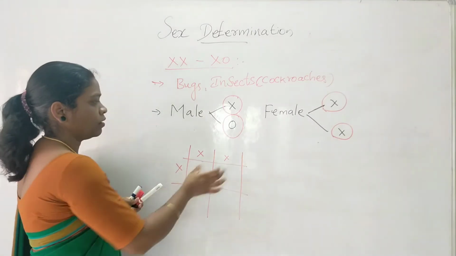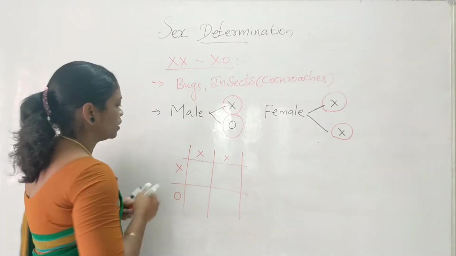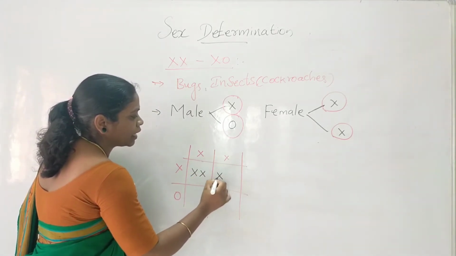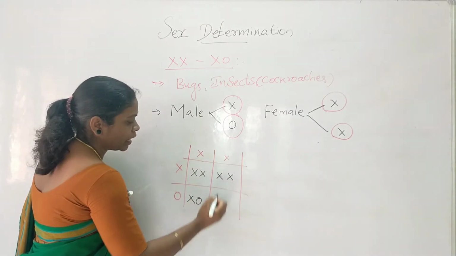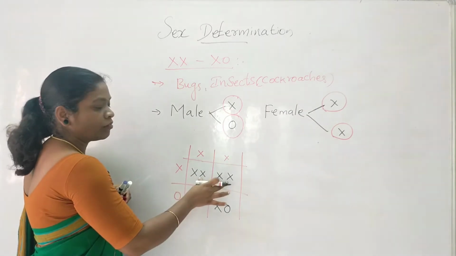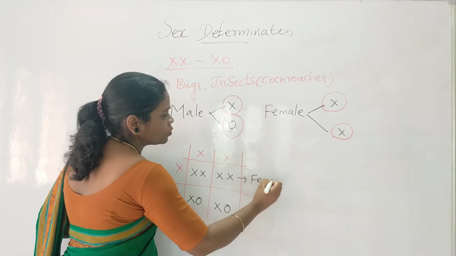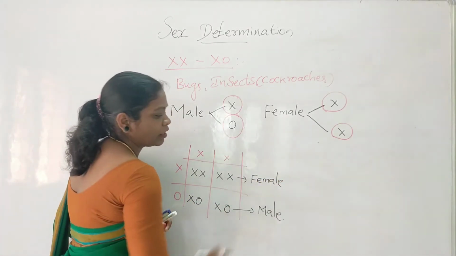This is female chromosome and this is male chromosome. Here it will be X, X. Here it will be X, X again. Here it will be X, O. Again here it will be X, O. So these two sets of chromosomes will result in female individuals. These two will result in male individuals.